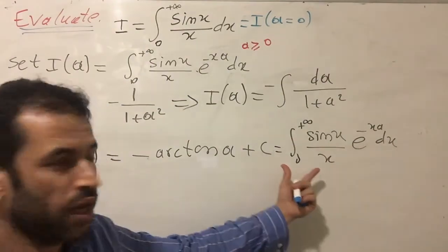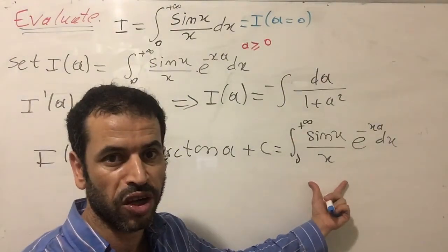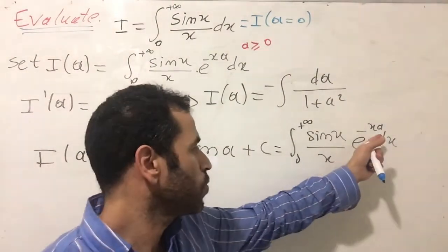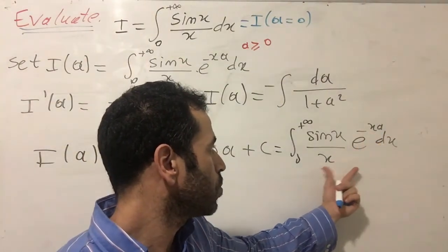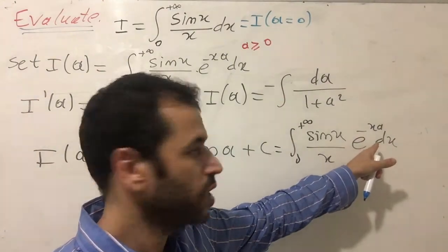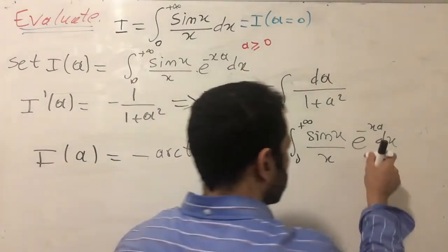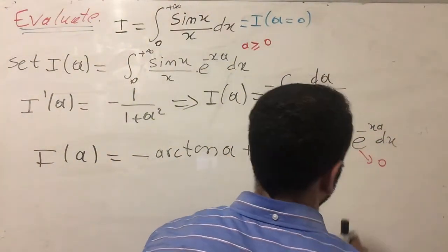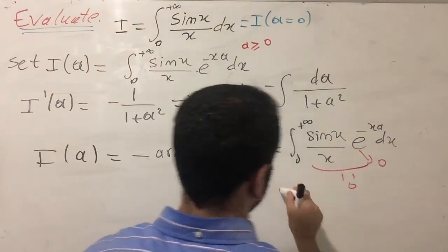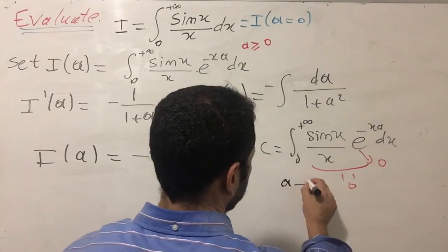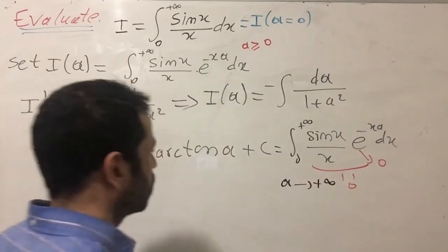We have to find the constant c as a number, not as a function. If you plug plus infinity into a, the whole thing equals 0, so as a goes to plus infinity.